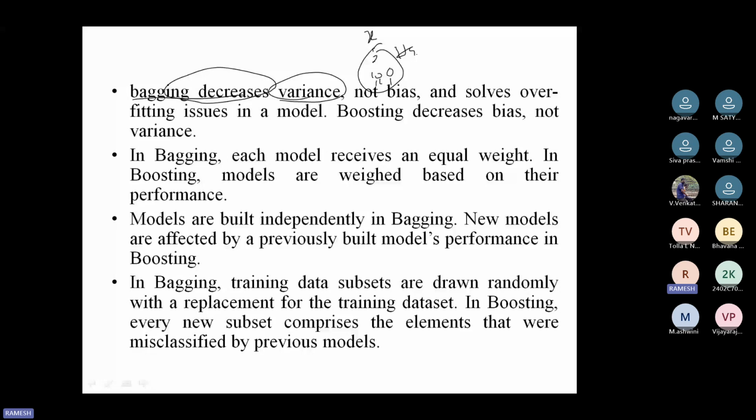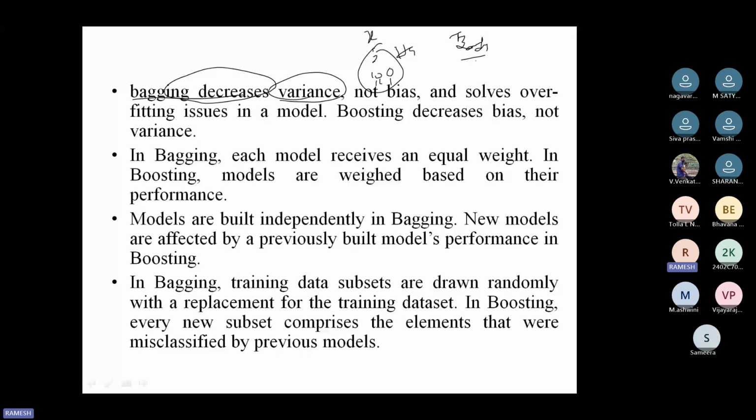If I ask you for your body temperature, you might say 95, 100, 102, something like 105. This is a good variance. But if somebody says 0, that is a biased one, and it will give a high variance.